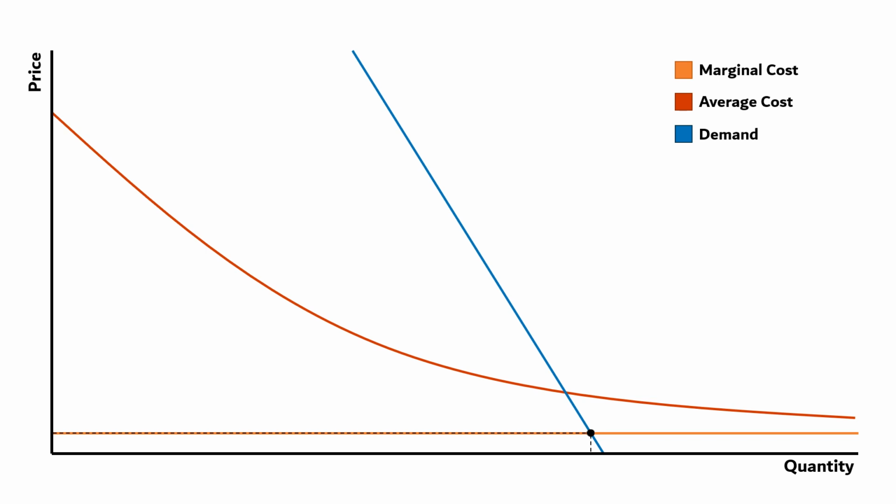At the same time, the lower price increases the quantity demanded up to the point where demand crosses with that price ceiling, which is also at marginal cost. If the monopoly provides this quantity, then we'll have reached the efficient market outcome and eliminated all deadweight loss.